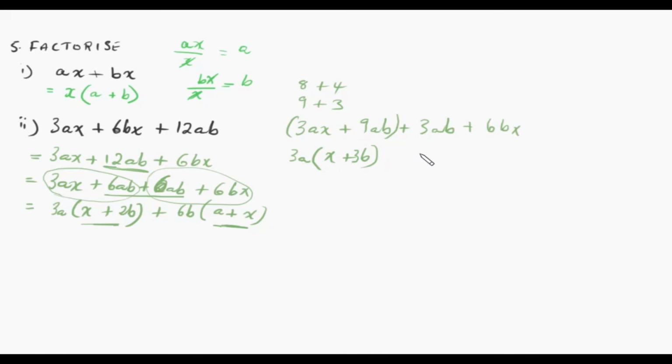When you factorize this one, we would have 3b bracket, then here we would have a plus 2x. So the two brackets are not the same again.